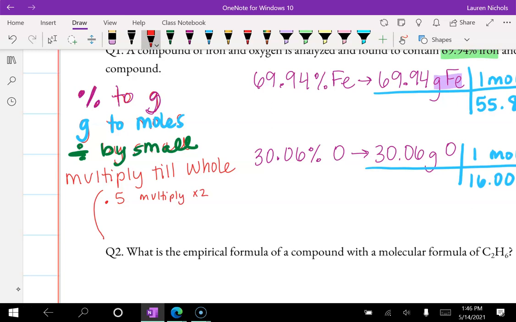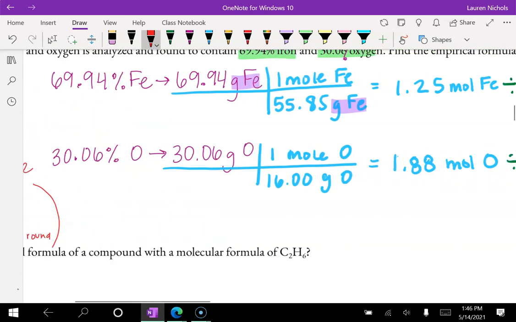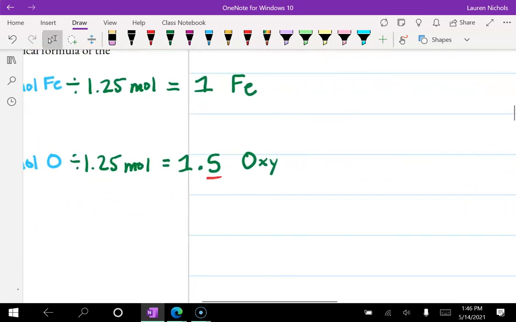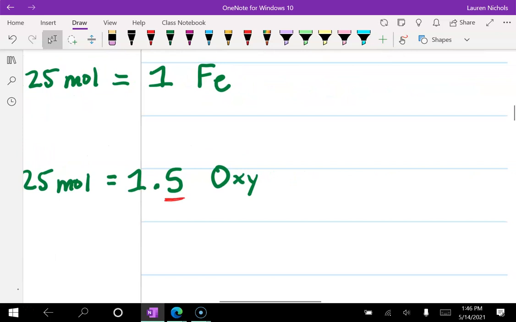If your answer after you divide by small ends in either 0.3 or 0.6, then you multiply by 3. If it's anything else, which isn't part of the rhyme, you just round to a whole number. These are kind of like your little shortcut hints. So in our case, we see that after we divided by small, it ended in 0.5.